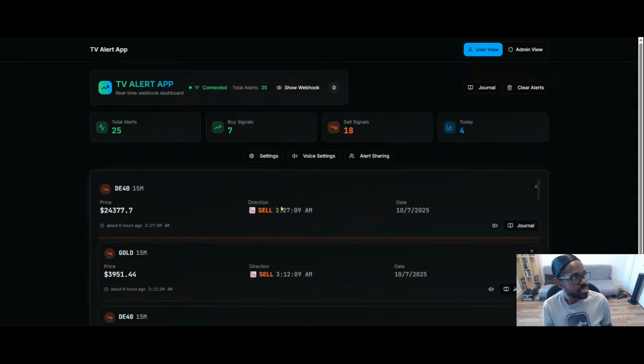It will provide you with the direction, so if it's a buy or a sell. For this example, we have a sell signal, and the date, which is today's date, the time when the signal came in, the price, and the actual symbol. So when we get the alert, you're going to hear the actual AI that will provide you with the info, like this.